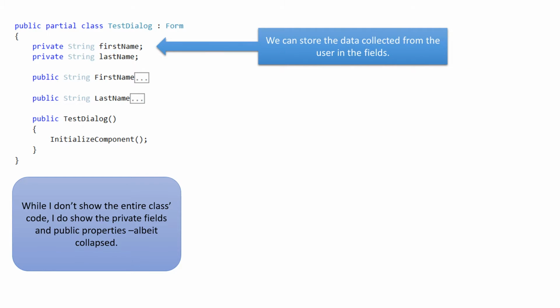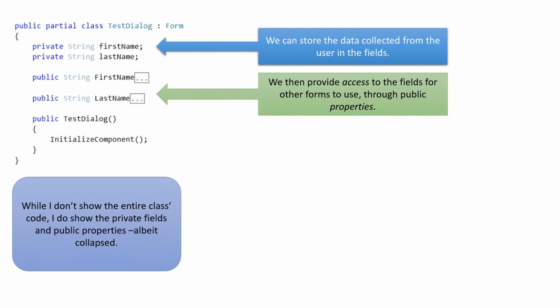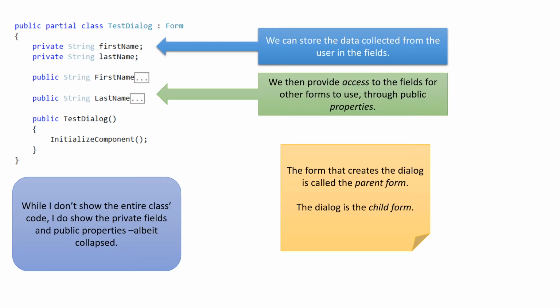We can store the data collected from users into the private fields, and the dialog can provide access to the fields for other forms to use via the public properties. On a side note, the form that creates the dialog is called the parent form, and the dialog that gets shown is the child form.